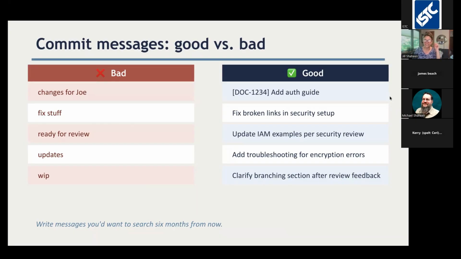Fixes, fixes, fixes. That is such a common commit message. Don't do that. Later somebody's going to say, why did you update these IAM examples, or who updated these IAM examples, and you're going to want to have words that you can search through your history of commits to find that later. So you'll be happy you did.